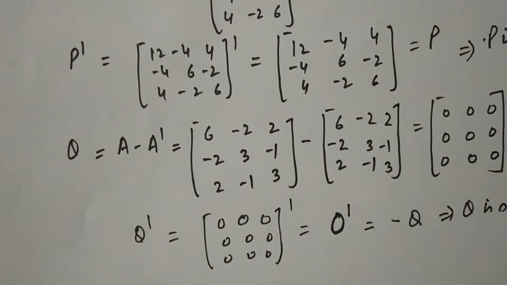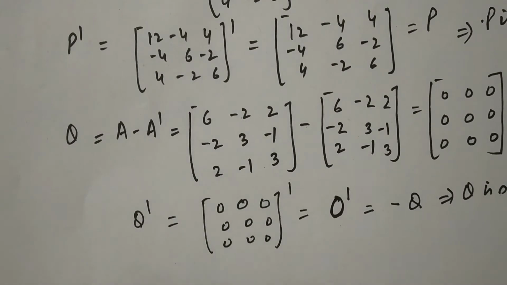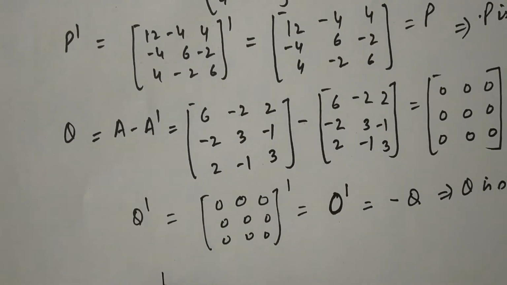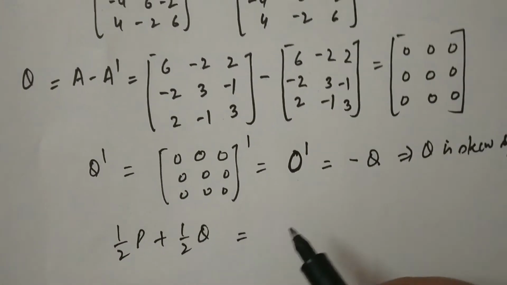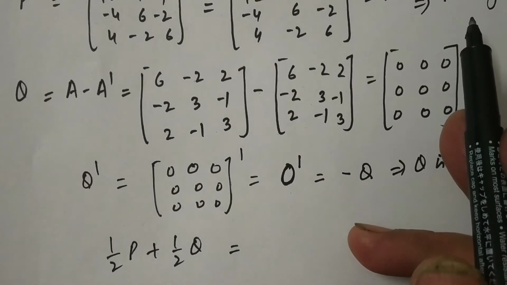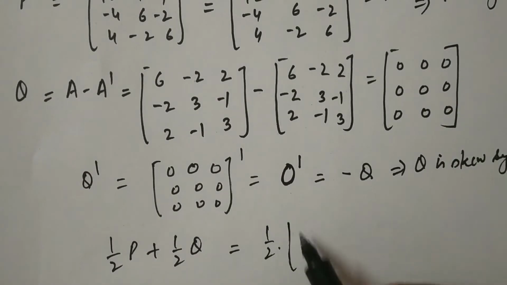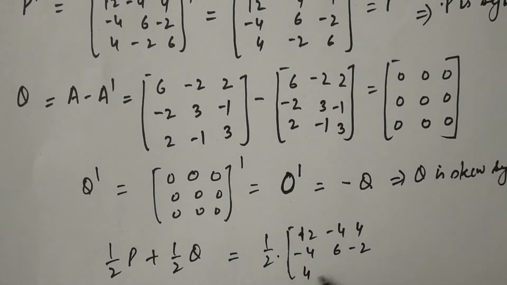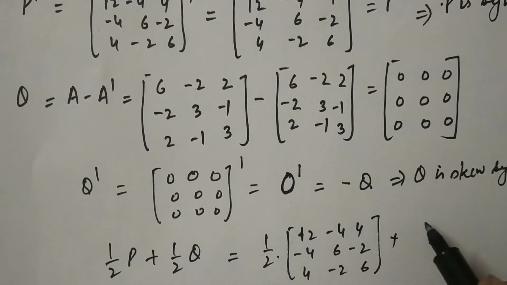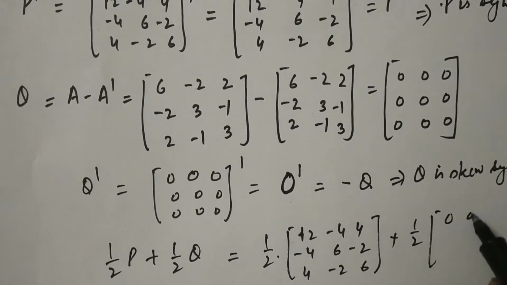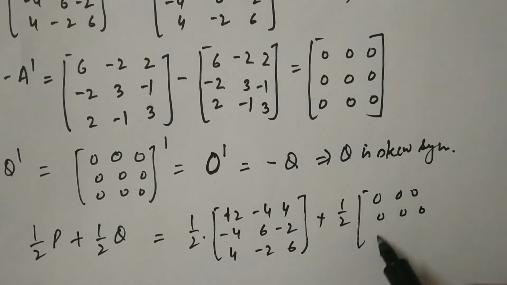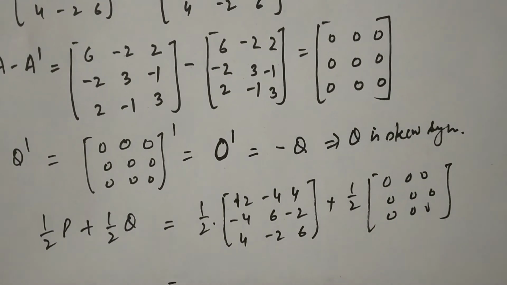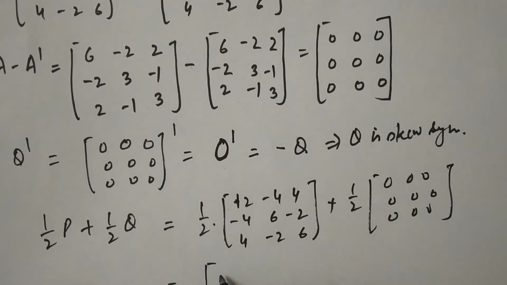Now if I write half of P plus half of Q, what will it be? Half of [12, -4, 4; -4, 6, -2; 4, -2, 6] plus half of the zero matrix.